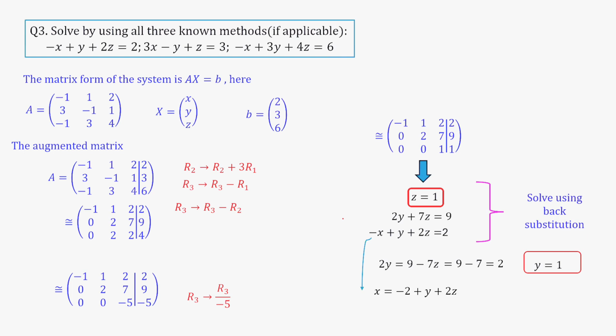Now from the first equation we will have x equal to y plus 2z minus 2. After substituting the values z equal to 1, y equal to 1, we will get x equal to 1. So this completes the solution.